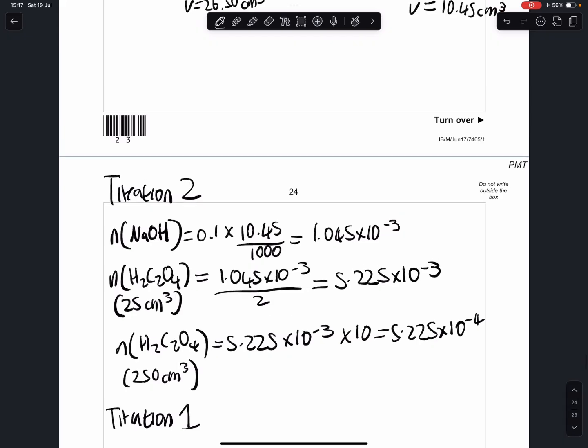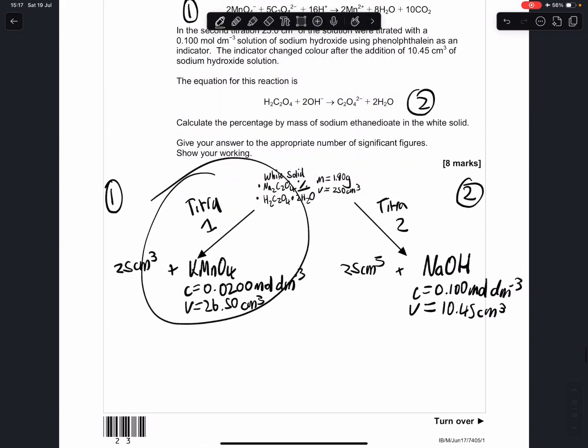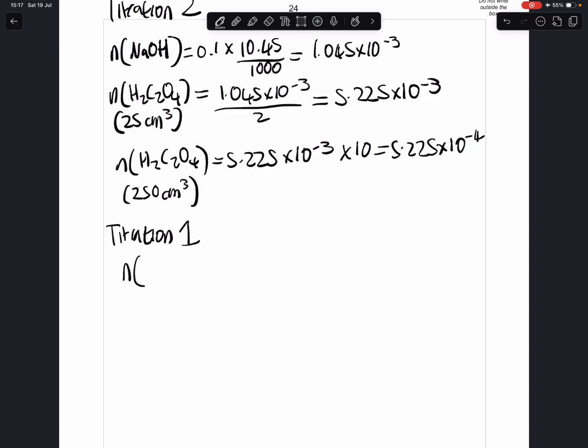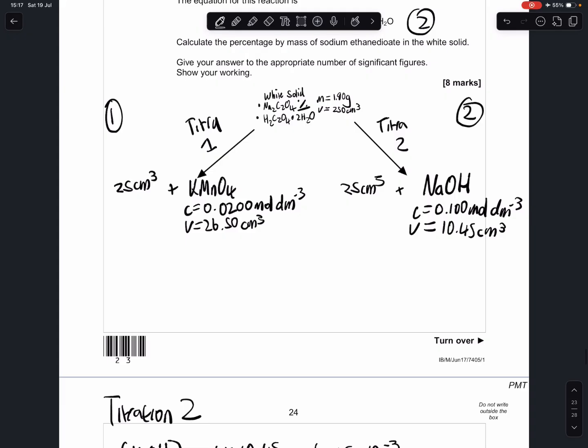So if we have a look at our first titration here, we see that we can calculate our moles of KMnO4. We've got the concentration and we've got the volume. So our moles of MnO4 minus is going to be the concentration times the volume.